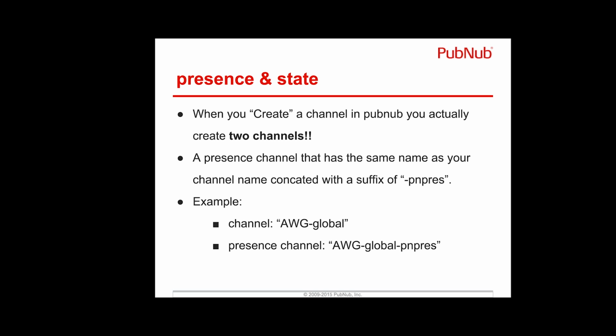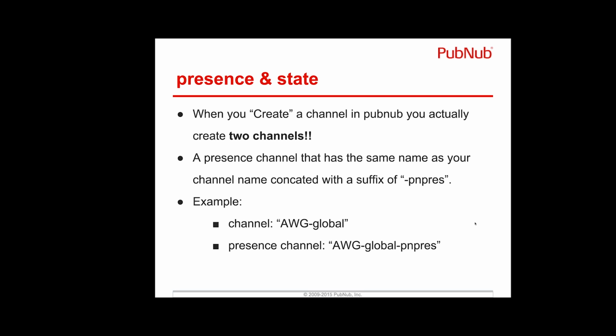So in a chat application where you would typically have a roster of users that are currently logged into the chat app, you're going to need some way to generate that roster and keep track of who's active on a given channel. Presence allows you to do that. Presence will notify you when somebody joins a channel. It will notify you when somebody unsubscribes from a channel, and it will notify you when somebody walks away from the app and allows the presence timeout to occur, which would trigger a timeout.